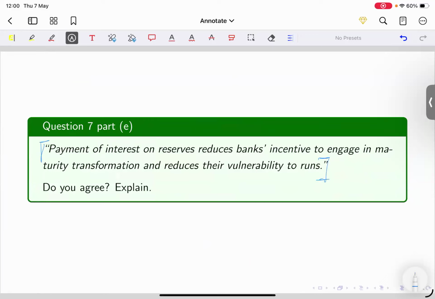I know this is similar to your true and false questions, so adopt the same approach. It should be fairly easy to answer given everything we've done together so far. Please be careful and notice that this statement has two components, so check them too. One is on maturity transformation, and one is about the vulnerability to bank runs.